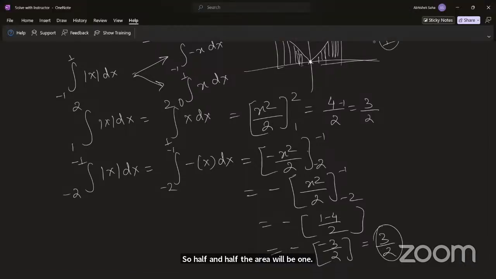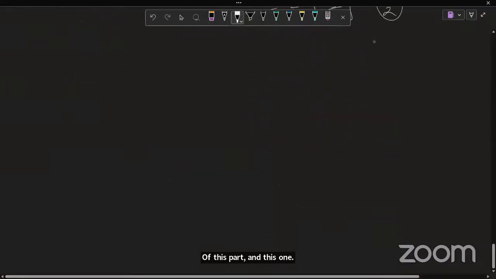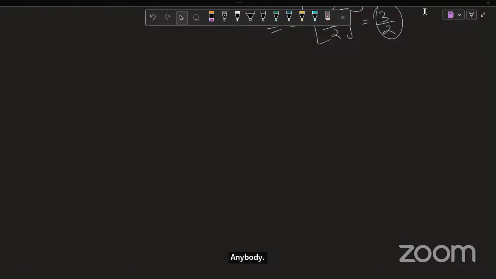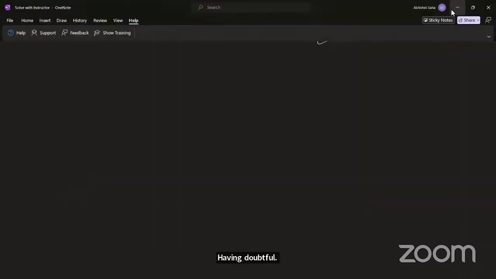Okay, let me check. Are there any other doubts from week 9? Anybody having doubts? Sir, question 8 of activity 6. Okay, here you have to find the area and just check whether it will be equal or not. Okay, let me copy the question.